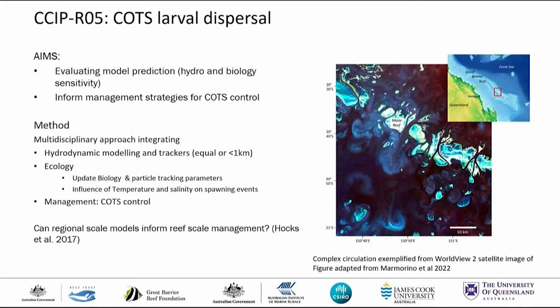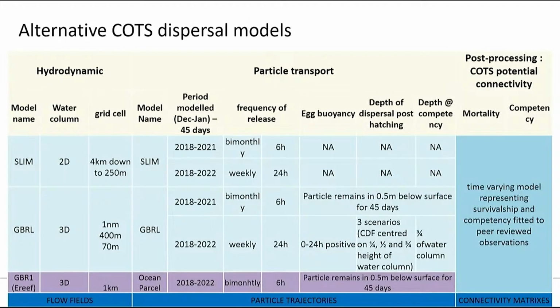For this, we also got the management on board, so they should have their say. The idea was to ask whether the models that we're using represent what they need, which is reef scale intervention.